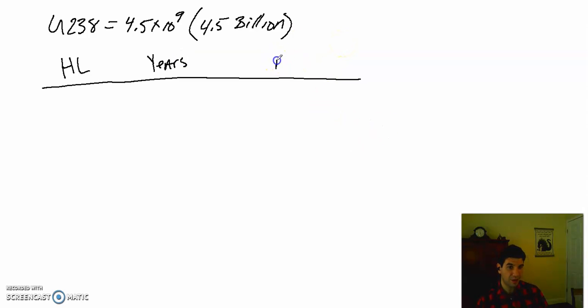And then you might have amount. At half-life 0, which is the same as year 0, your amount might be 100. It could be 100 grams, or 100%. Here I'm just going to go with percentage because that seems to be what they do more likely.